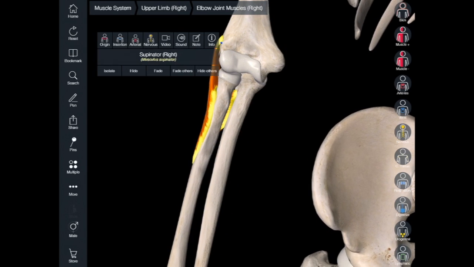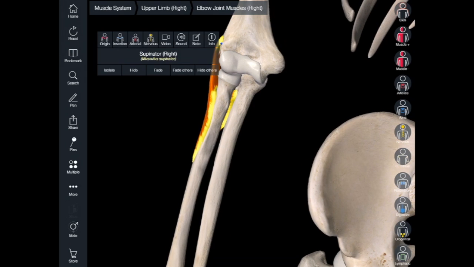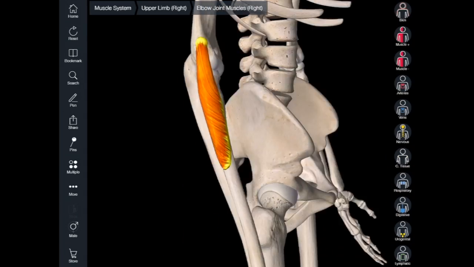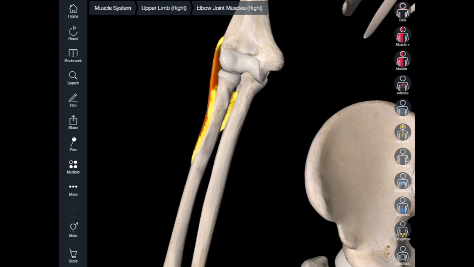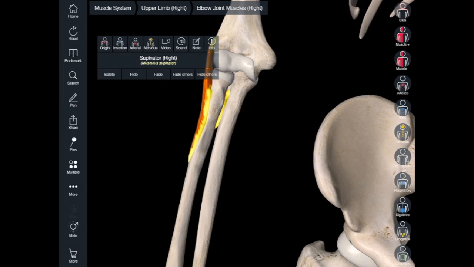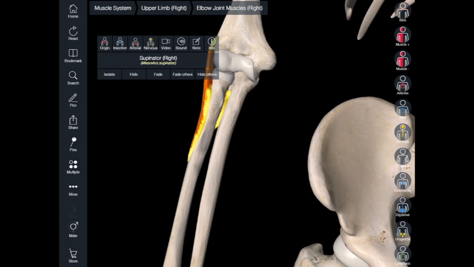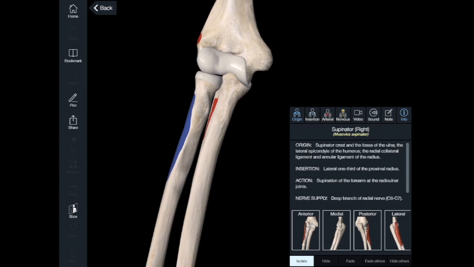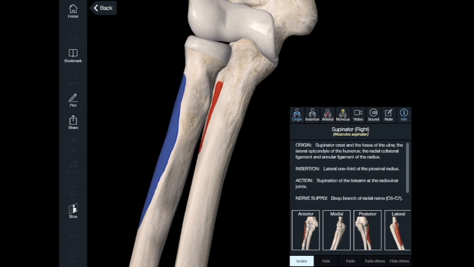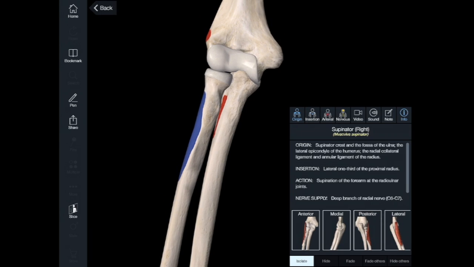Of course, when this muscle contracts, supination of the forearm occurs at the superior or proximal radioulnar joint. And we can see that it has got two origins. The origin that we need here is the one that is on the supinator crest below the radial notch on the ulna. So it's this one over here. Mark it in red.